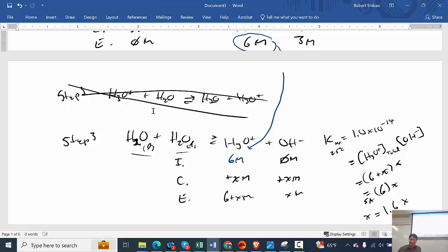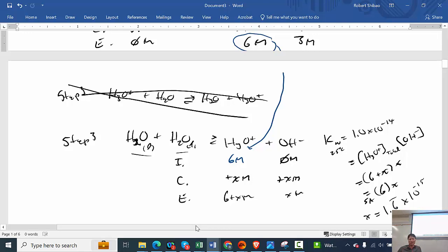I don't have that many sig figs in my concentration, so I'll just do 1.6 times 10 to the minus 15. Is that right? So the simplifying assumption is justified here.